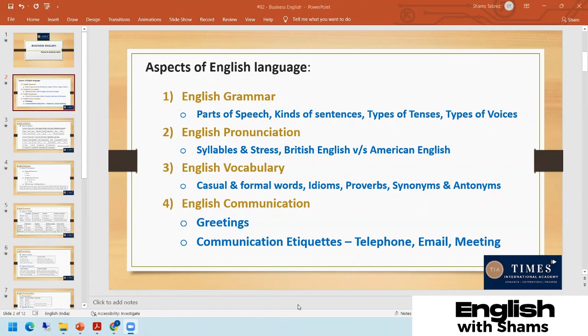Then only you will overcome the fear, Shahbaz. After completion of the training, you will be confident about grammar, pronunciation, vocabulary, and communication. But you need to start communicating in English with your friends, and make sure you interact during the training.